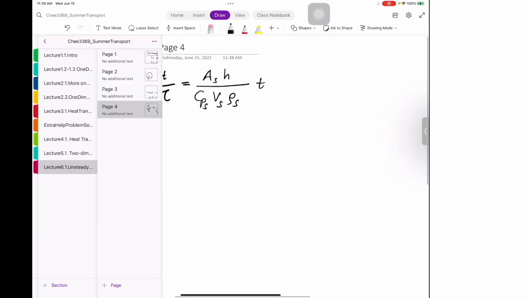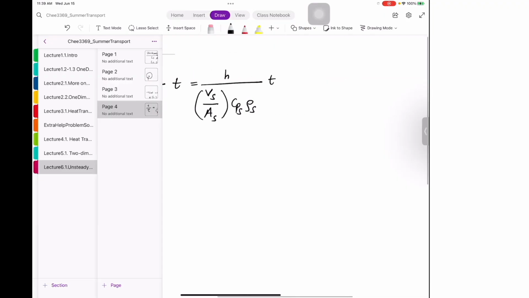Okay, and you can rearrange this formula and say it's h divided by V_s over A_s, the volume divided by area of the sphere, c_p,s, rho_s, times time.